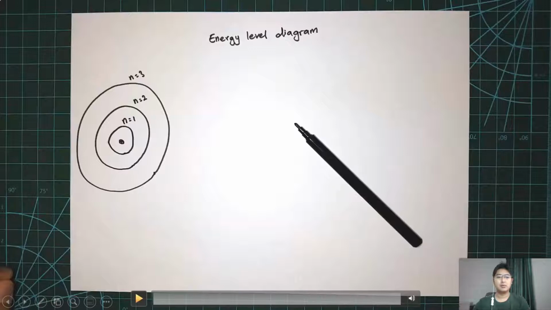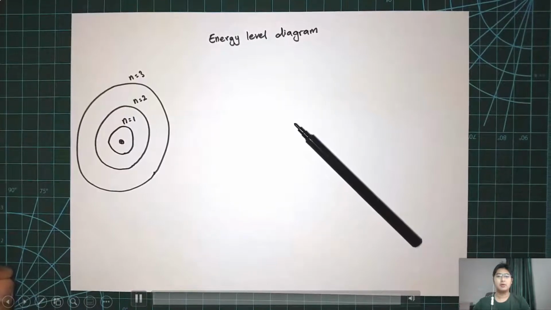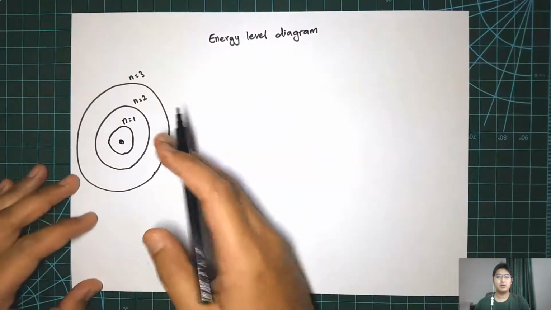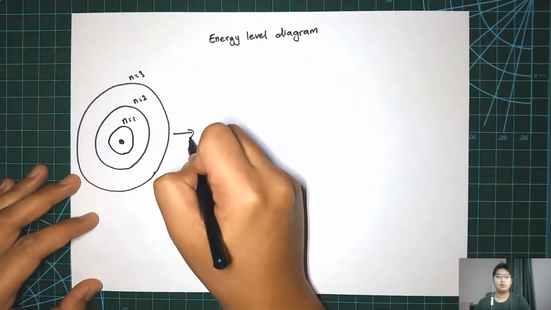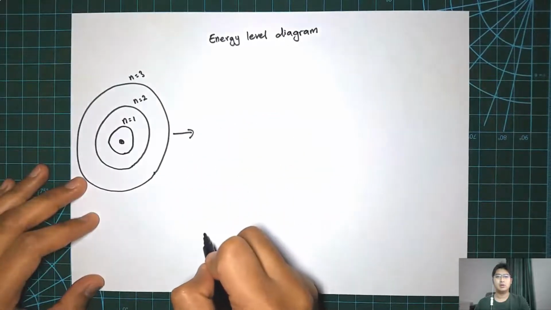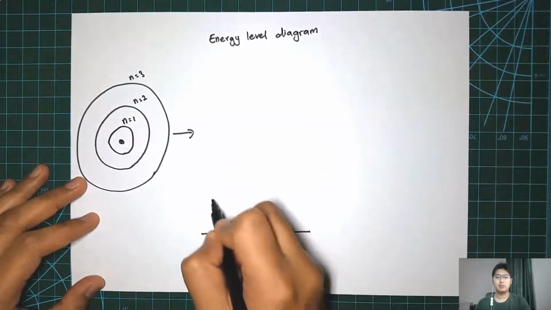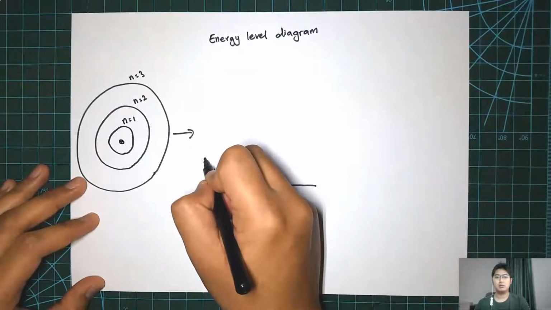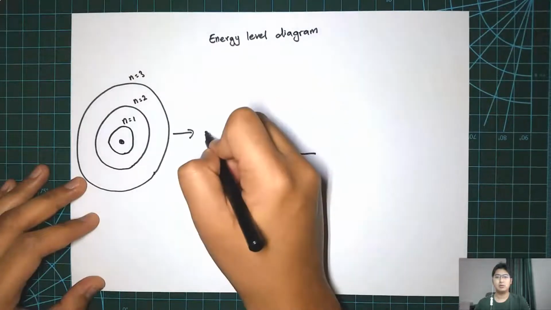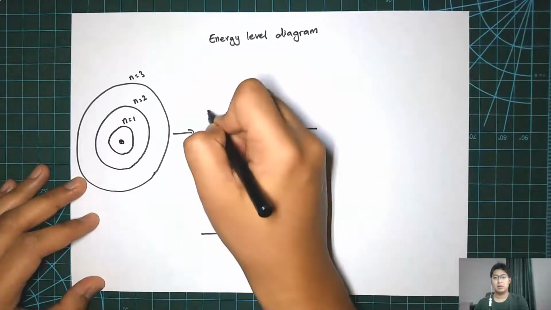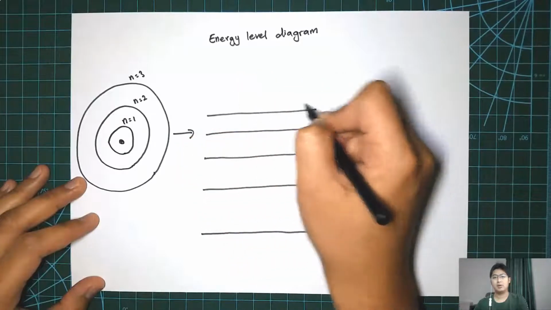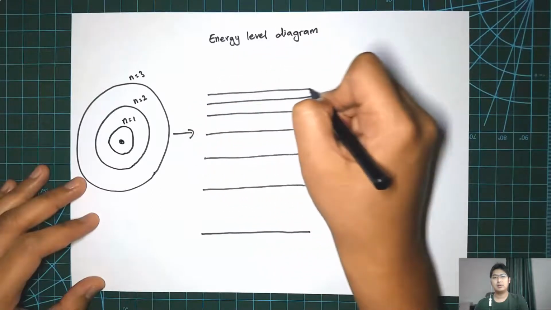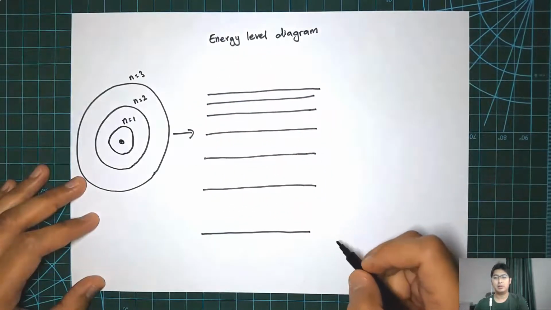to see the difference between the energy levels, and it is more convenient for you to understand the transitions. So from the previous energy levels, we convert them to the energy level diagram. This is the ground state, the second state or second orbit, the third orbit or third energy state, fourth, 5, 6, 7, and so on until infinity.